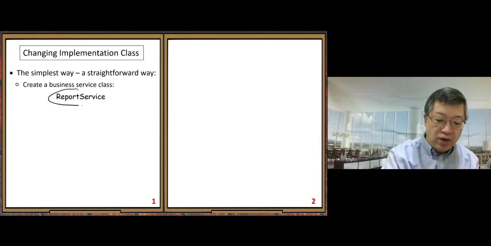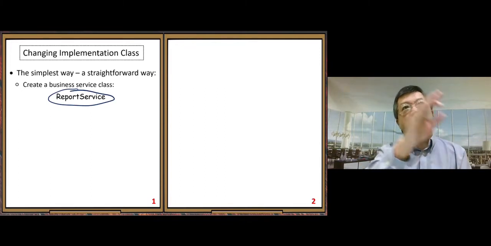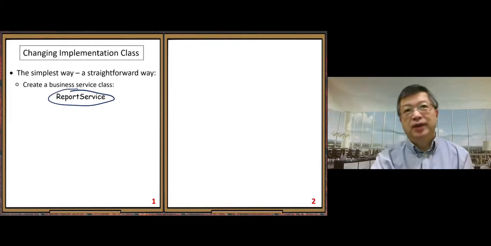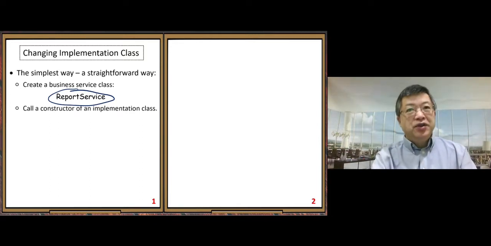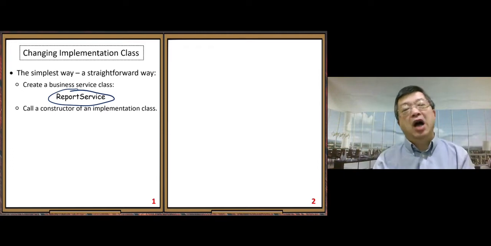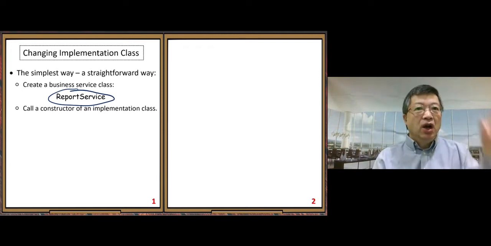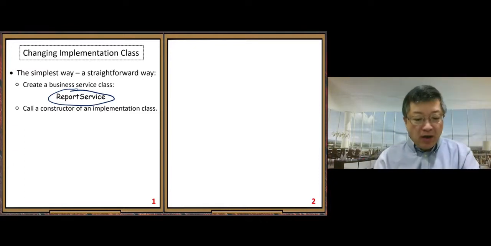Here we call it the report service class, ReportService.java. Then in this class, we will do our business. So how do we do our business? Call a constructor of an implementation class.